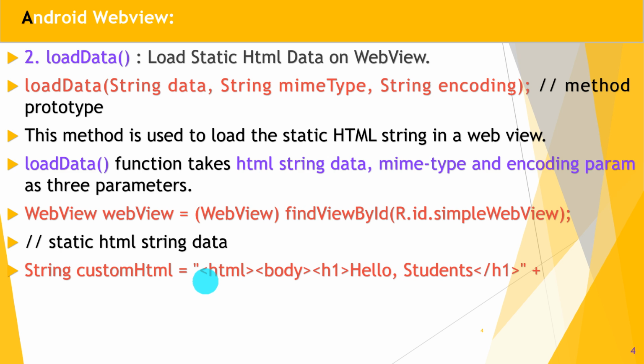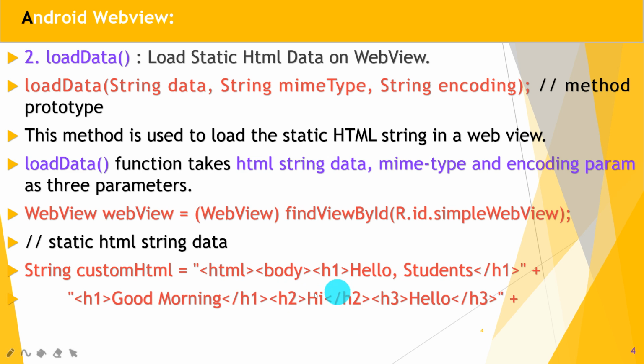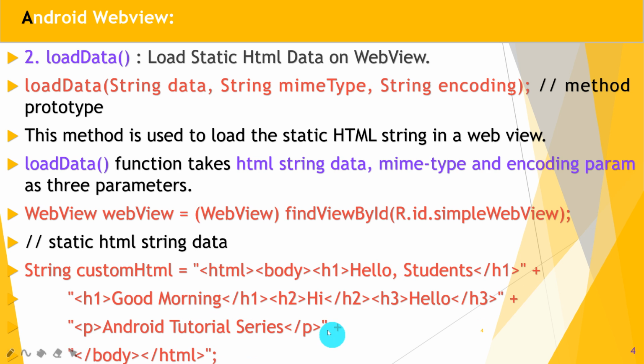First the html tag, inside that the body tag or title tag, then h1, that is the header heading. You can mention any type of data, then a paragraph, then you have to close the body tag as well as the html tag. So this is all about our custom HTML string, and we have to pass that custom HTML string inside the loadData method.